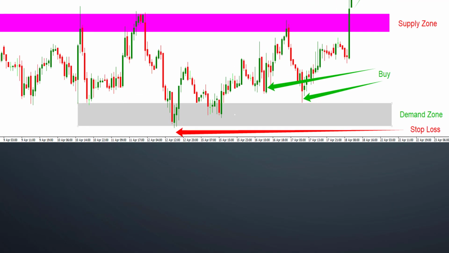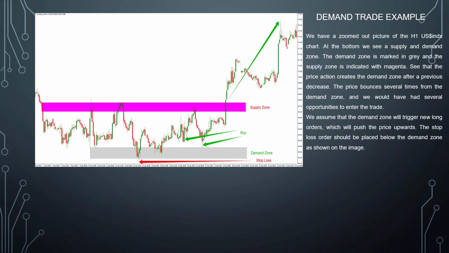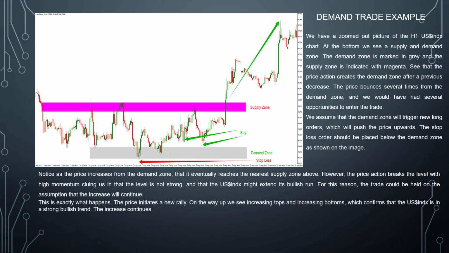You can clearly see the bold red arrow. It indicates an area where I would expect you to put your stop loss. Notice as the price increases from the demand zone that it eventually reaches the nearest supply zone above.